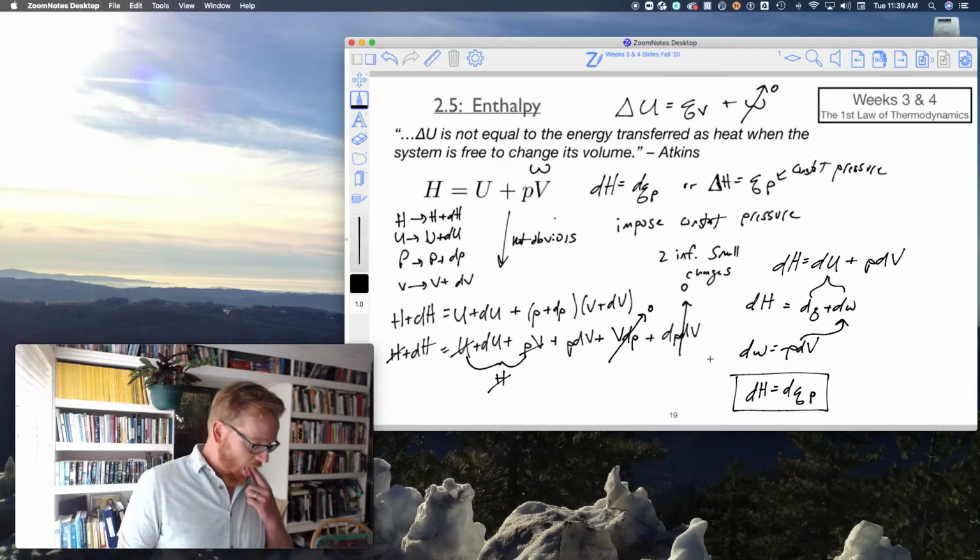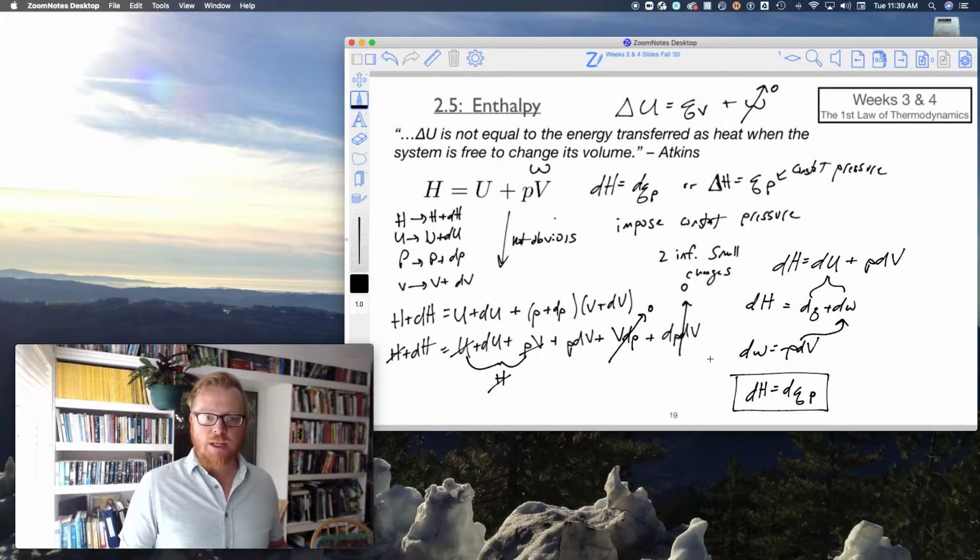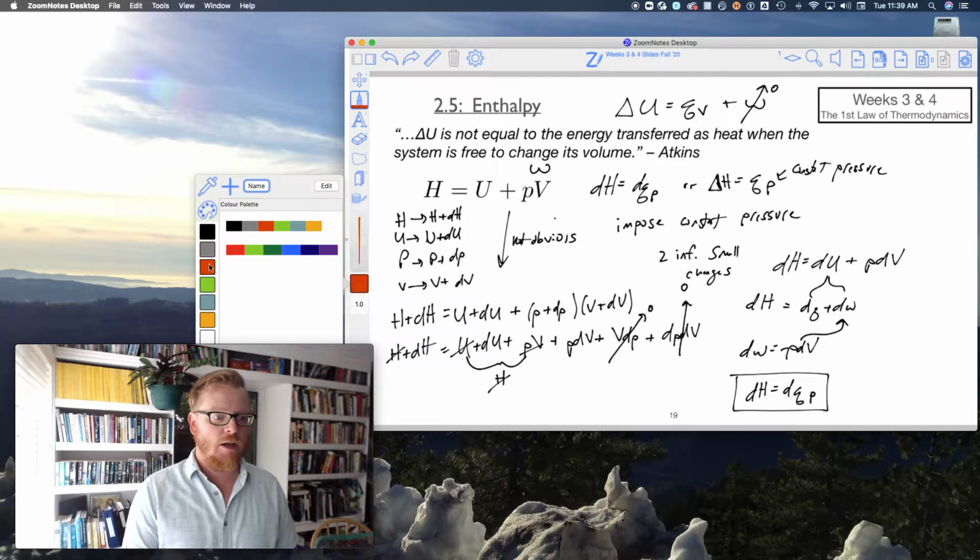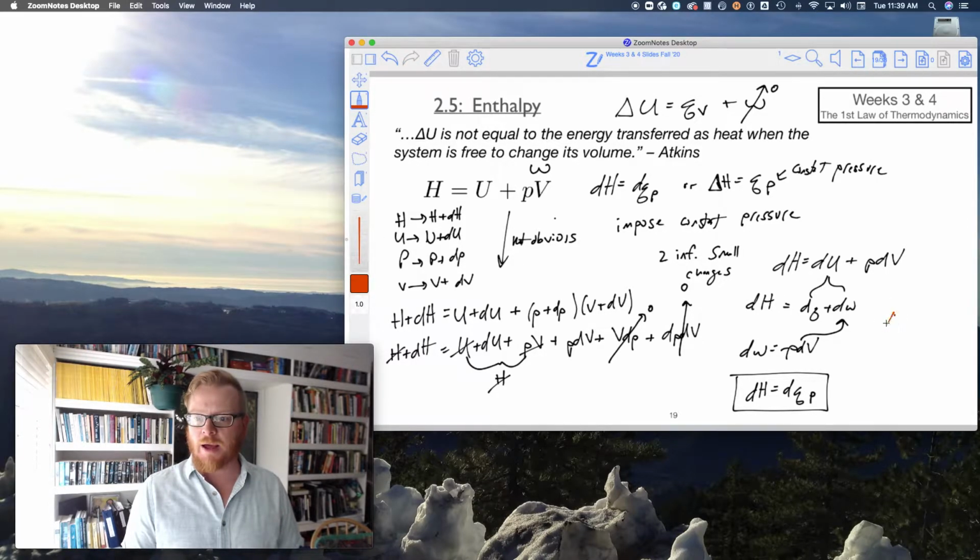Okay, and so now I like to refer to these as the twins. Okay, so let me change color and let's talk about what I mean by the twins.